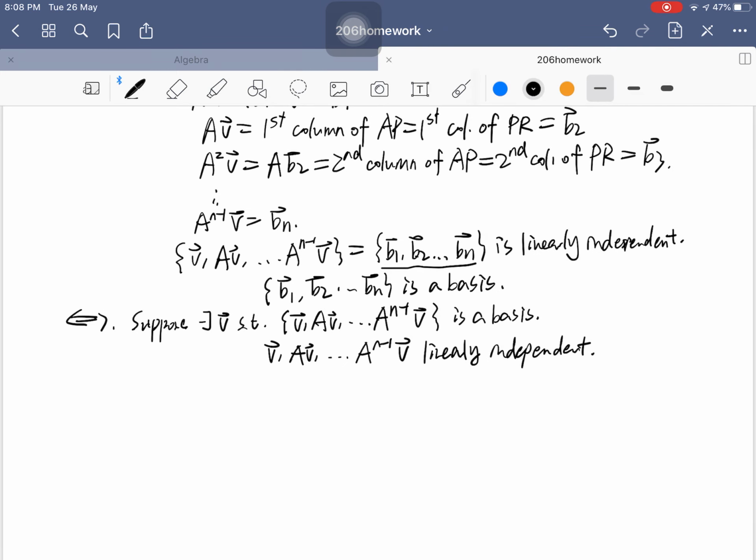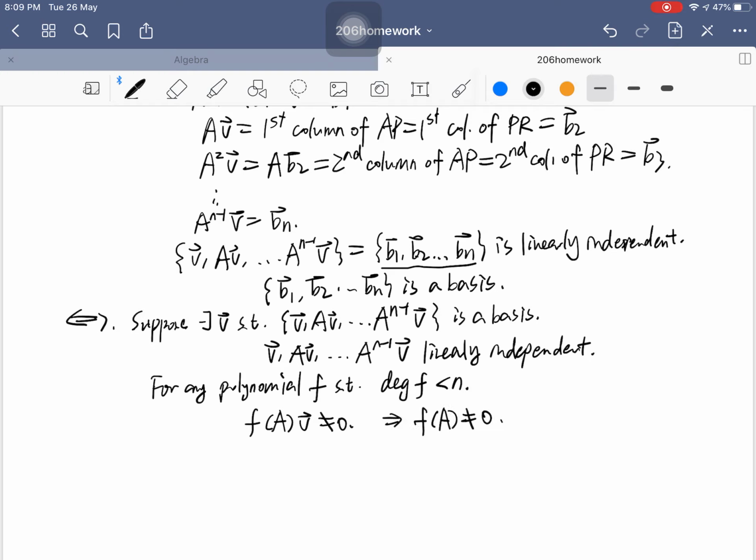Which means that for any polynomial f such that the degree of f is strictly less than n, f(A)v is not equal to 0 for this given v, because otherwise we would have an equation equal to 0, and that implies that these vectors are linearly dependent. So this implies that f(A) is not the zero matrix.